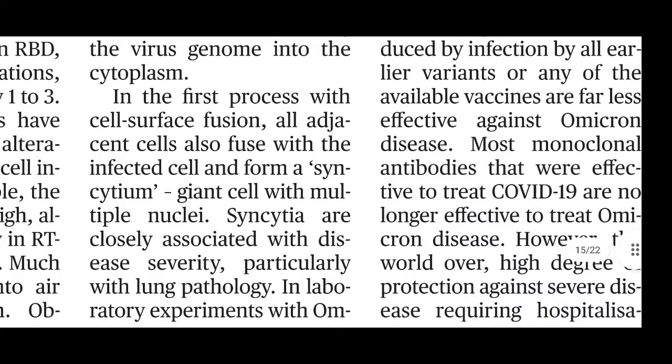In the first process with cell surface fusion, all adjacent cells also fuse with the infected cell and form a syncytium, a giant cell with multiple nuclei.